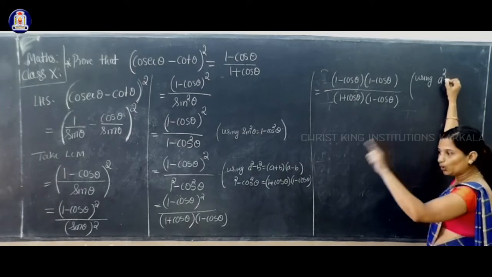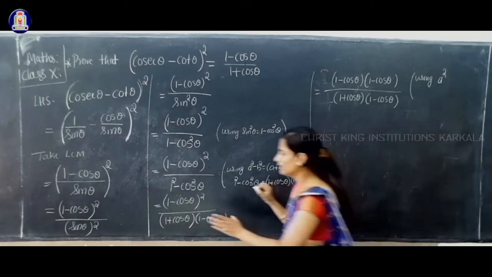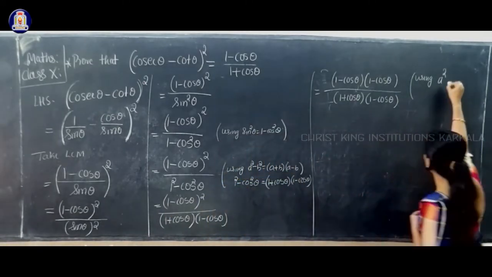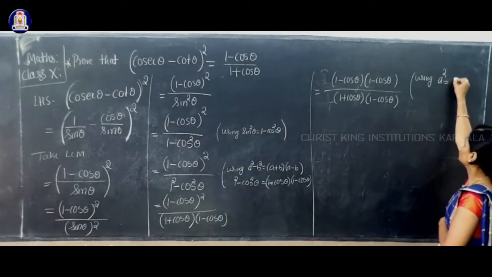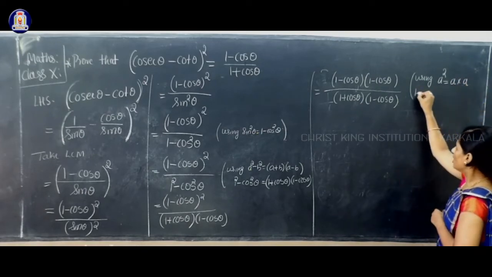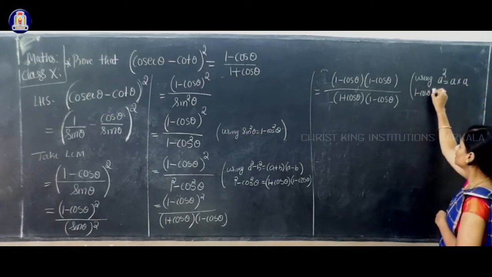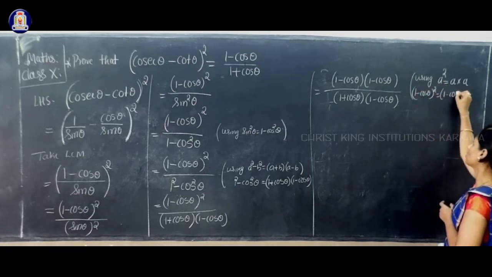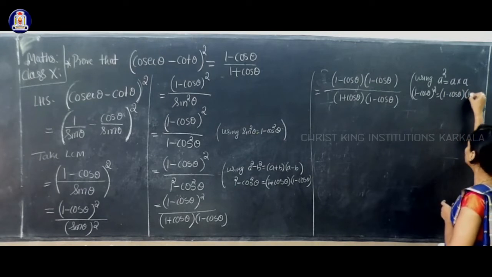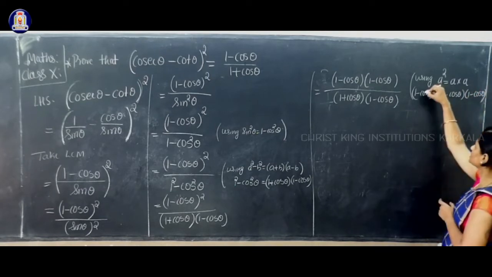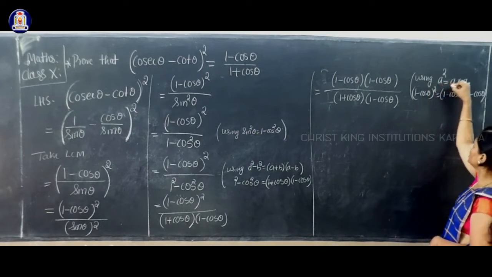The term (1 minus cos theta) whole square means it is in the form of a square, which is equal to what? A into a. So here (1 minus cos theta) whole square means it is (1 minus cos theta) into (1 minus cos theta), right? So I use here a square equal to a into a.